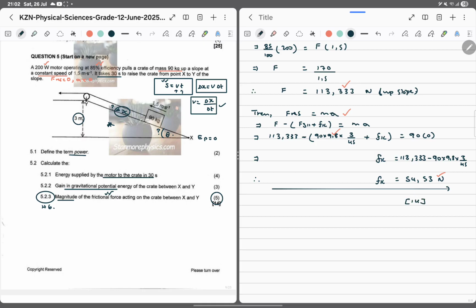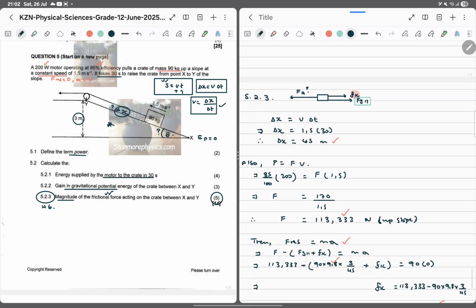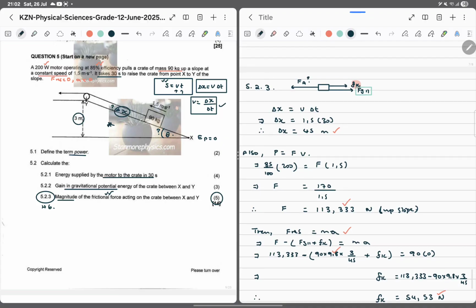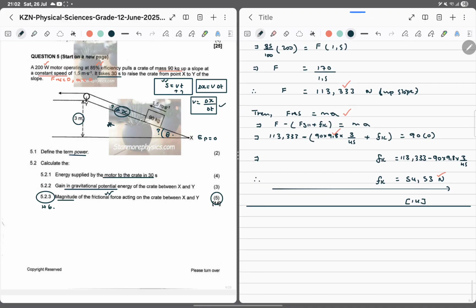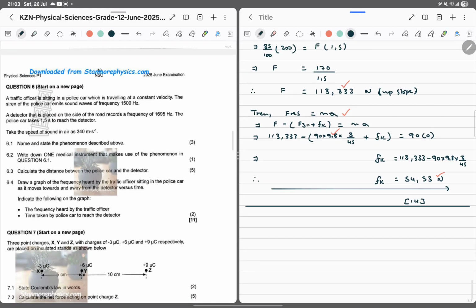So again, guys, this is usually what we call the work energy questions. Last question, 14 marks here. Crazy. It's not only time consuming, there's not a lot of marks either. Anyway, guys, that's it for those questions. Now let's get to question 6.